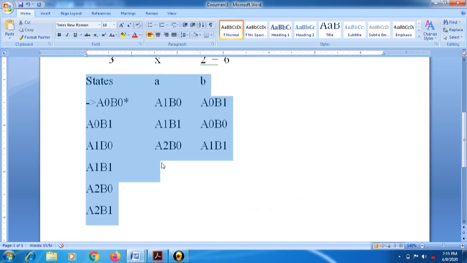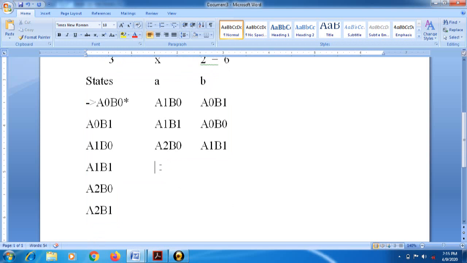So first I will complete it. Whenever we are going towards A2 B0, with A it goes to the final state, that is A0 B0, and with B it moves towards the next state A2 B1, and for the remaining last state A2 B1, with A it goes to A0 B1, and with B it goes to A2 B0.